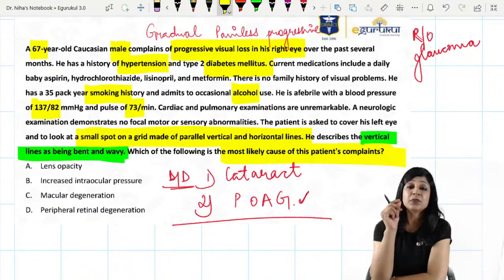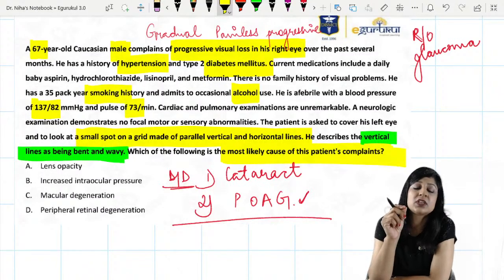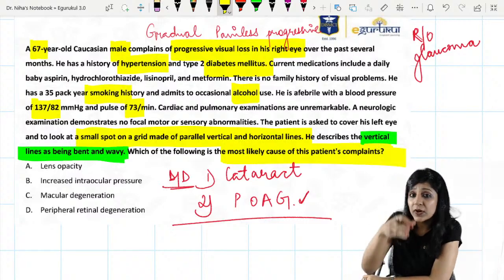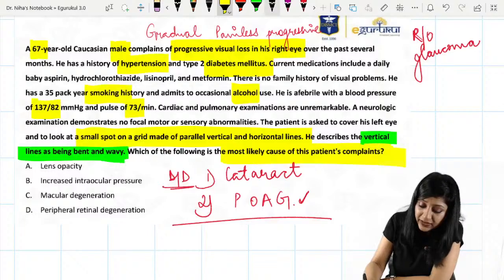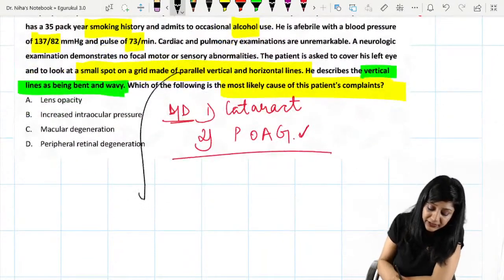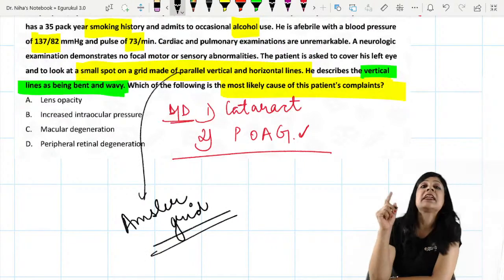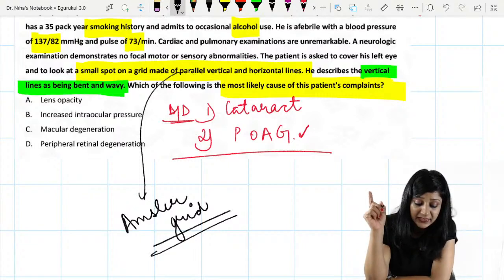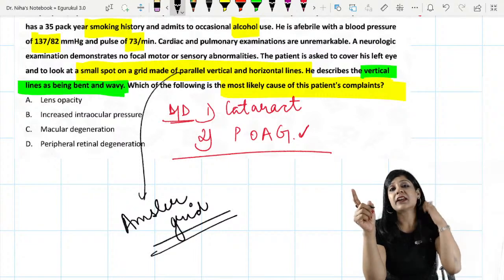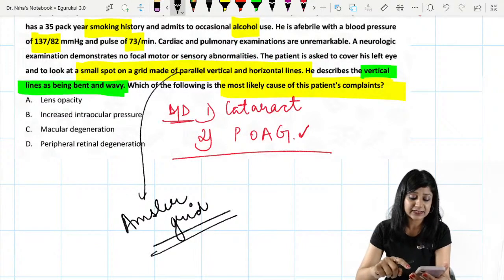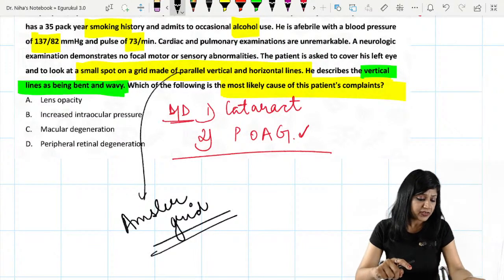I think this is a very direct question. This grid is actually your Amsler grid. Here they are talking about the Amsler grid test. So if you are getting wavy and bent lines on this Amsler grid, what is the diagnosis? It is a direct question made into a clinical scenario, right?